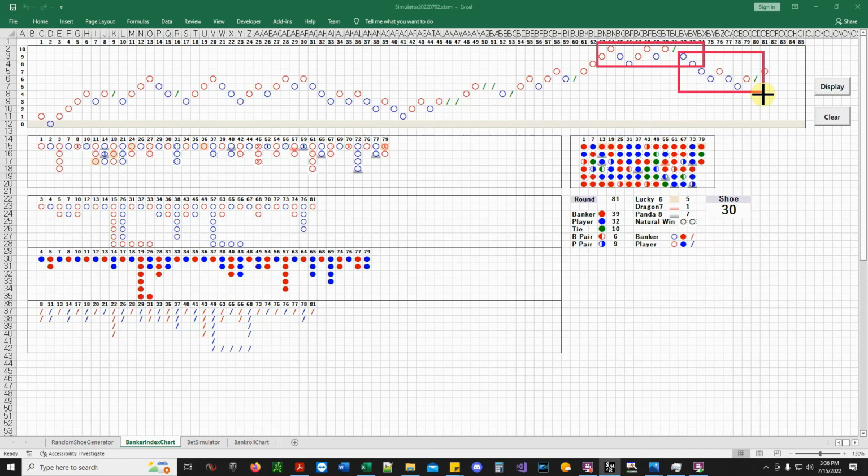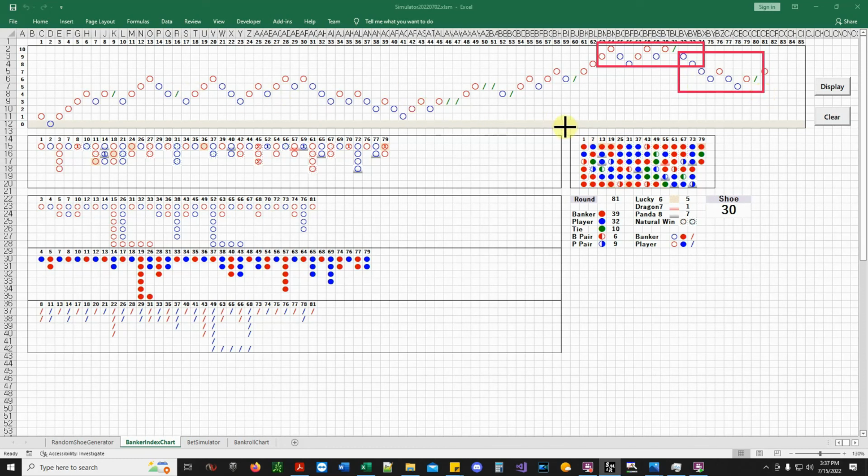And if you have any questions, send me an email. Matter of fact, I would suggest that some of you send me some of the hardest shoes you had. Let me put it into this banker index and let's analyze it from there.